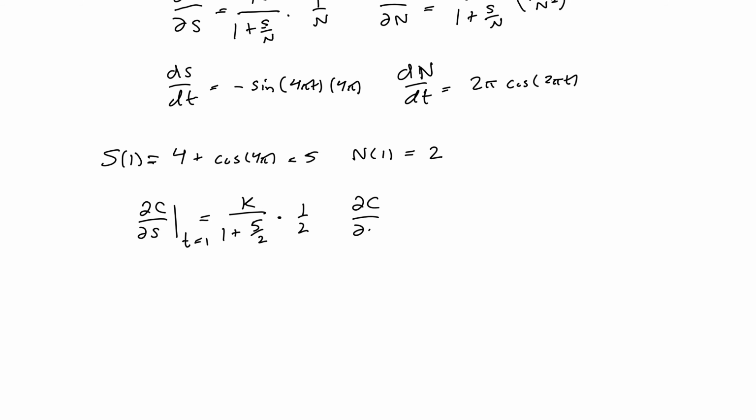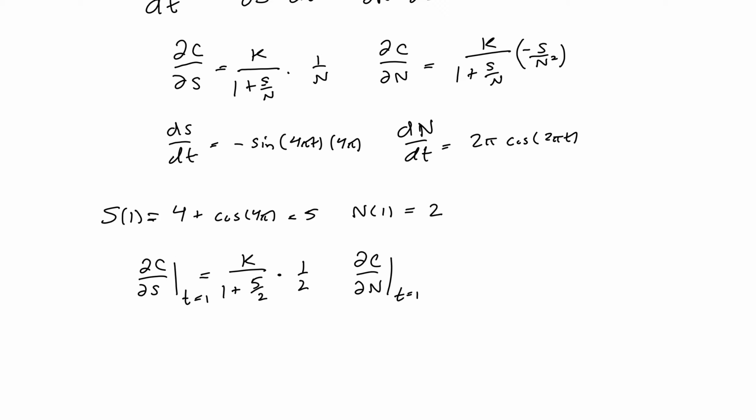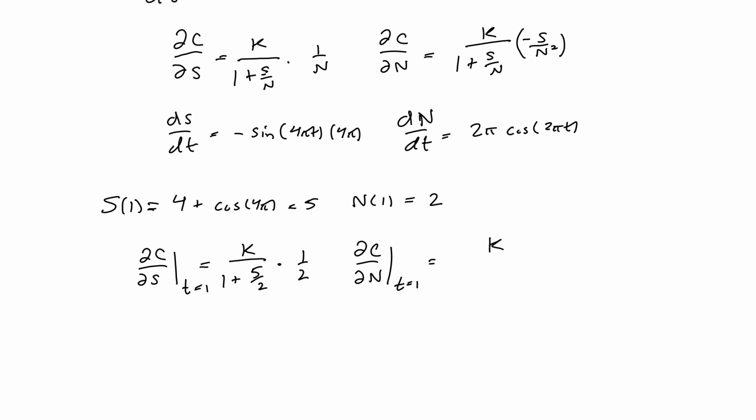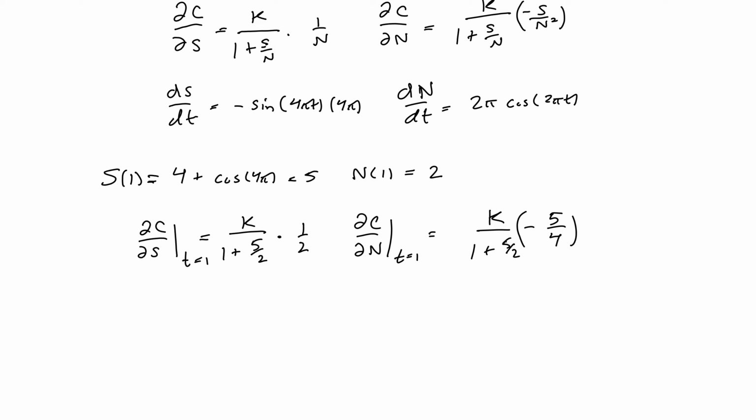And ∂C/∂N at t equals 1 is K over 1 plus 5 halves times minus 5 over 4.